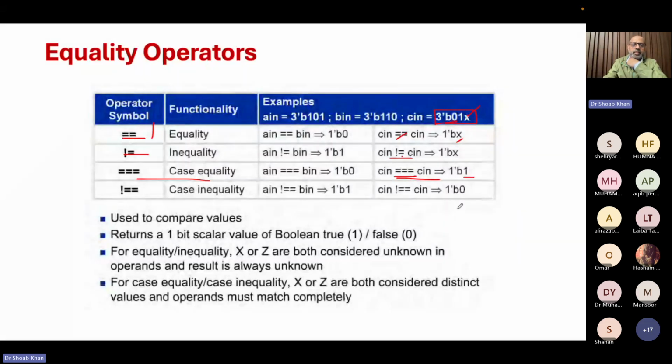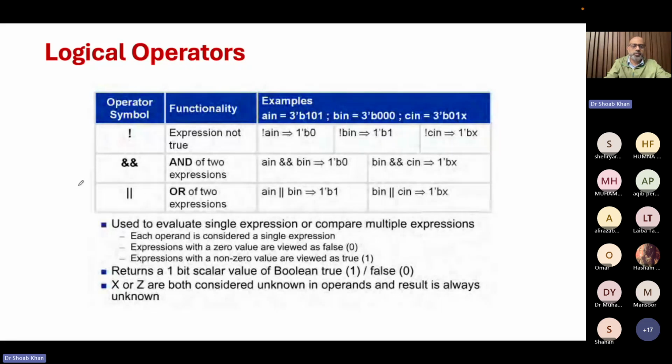Then there are logical operators: if not true, if this is true and this is true, if this is true or this is true. Sometimes people make this mistake that they just put a single and. Please remember, once you put a single and, it is going to AND two numbers bitwise, because there is no equivalent of this in Python or in other languages.